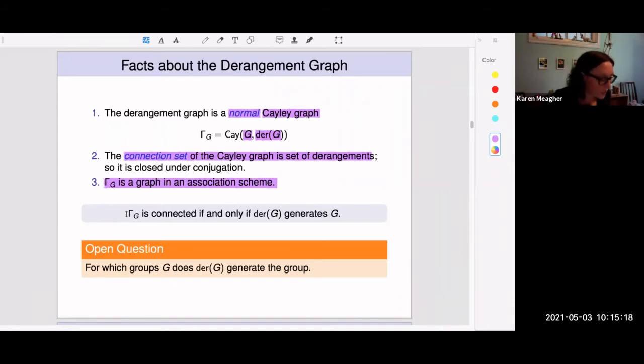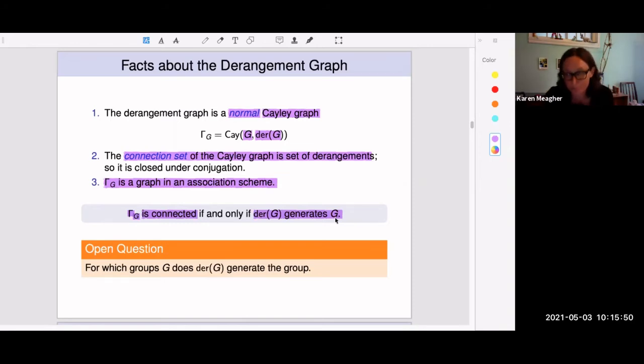Okay, one thing that's funny is when you make a graph, the first thing you ask is is it connected? This graph is going to be connected exactly when the derangements generate the group. And this, as far as I understand, is a hard question in group theory. There's a recent paper that appeared where Rosemary Bailey and Peter Cameron, and some other authors, were figuring out new conditions and new results about when the set of derangements generate the group.